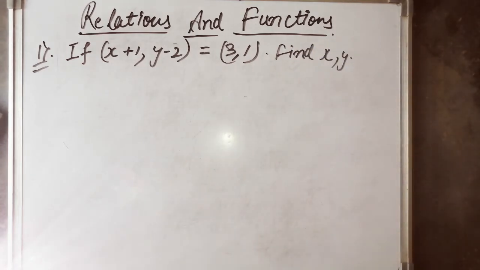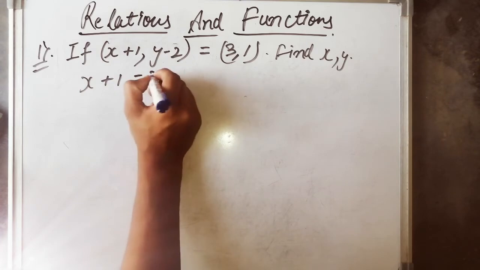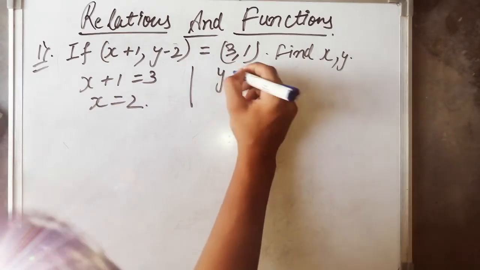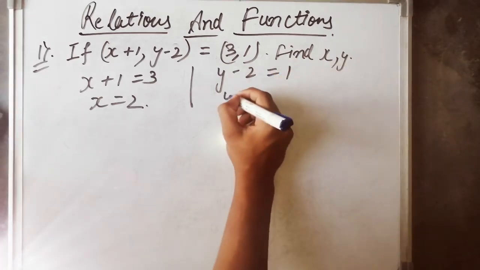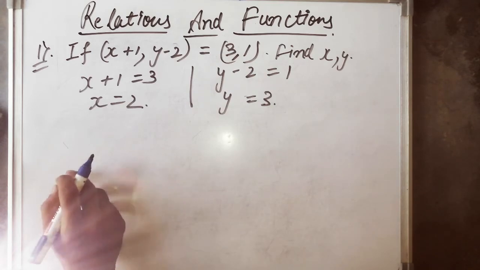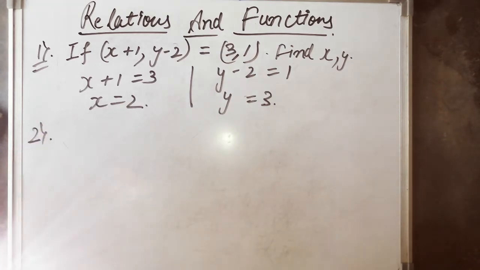In this question we have to find the values of x and y. Taking x + 1 equals 3, we have x equals 2, and y - 2 equals 1 gives y equals 3. Simple. We have to use simple algebraic methods.